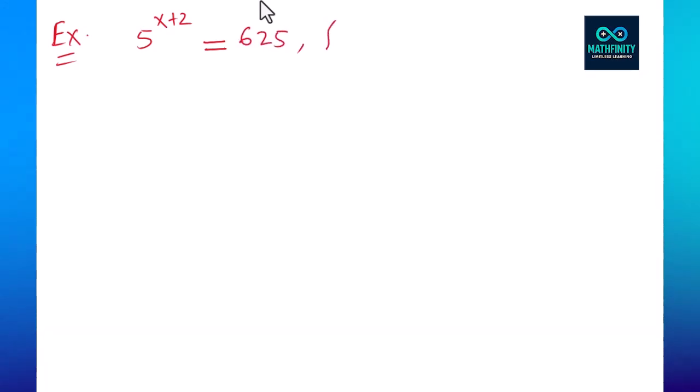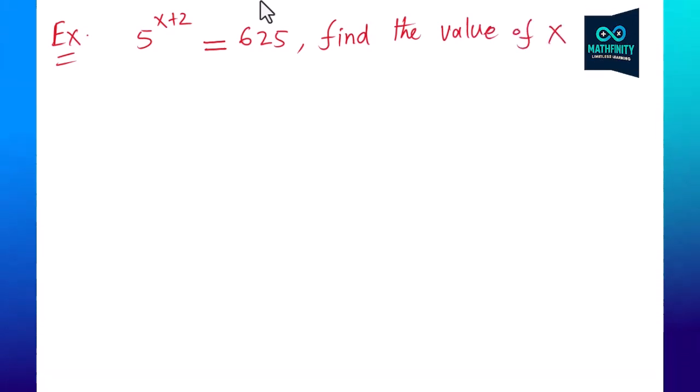The question will be the same: find the value of x. So we have to make the same base on both sides. What is the base here? 5. Actually, this is the hint they are giving us to think: 5 multiplied by itself how many times will we be able to get 625?